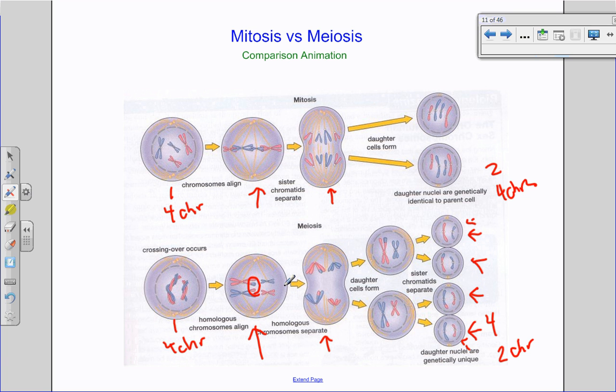So they line up in 2s, mother and father copies, whereas in mitosis, each of them lines up along the plate because each daughter cell is going to get 1 copy of every possible chromosome, the mother's and the father's copies. In this case, they line up because we're going to separate the mother and father copies.